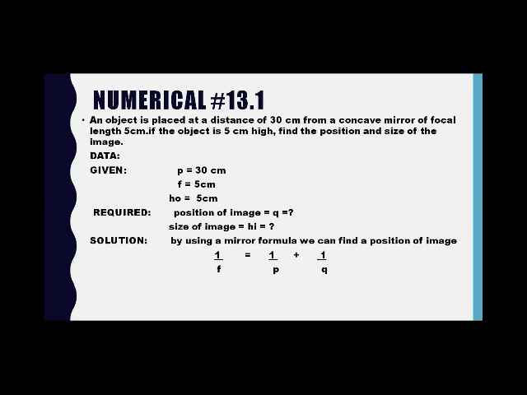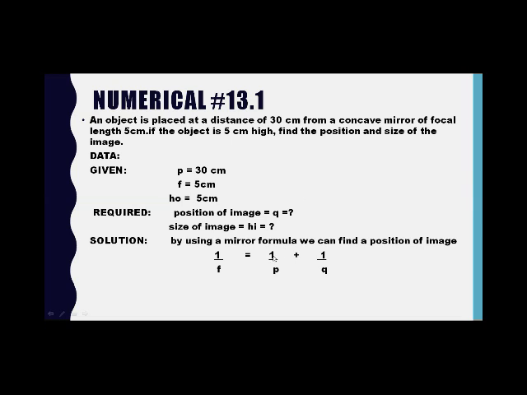In the mirror formula, three quantities are present, and if we have two, then we can find the other one. Here f is given and p is given, so we are able to find 1 over q.